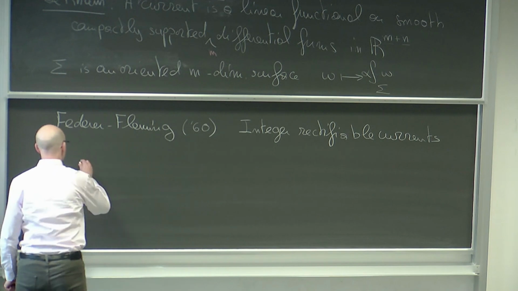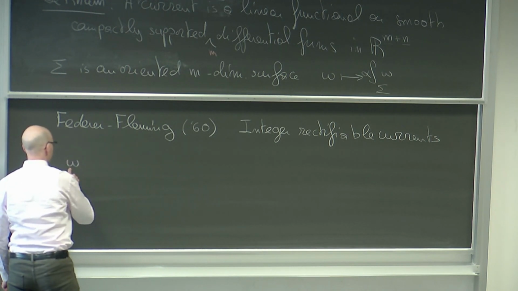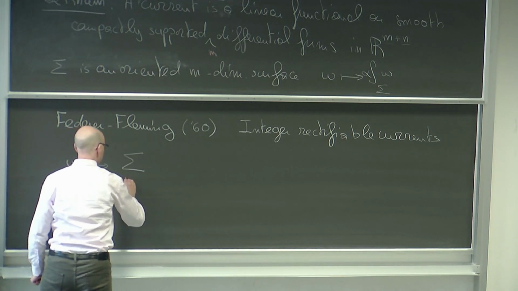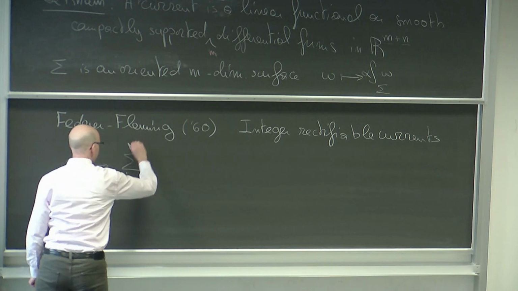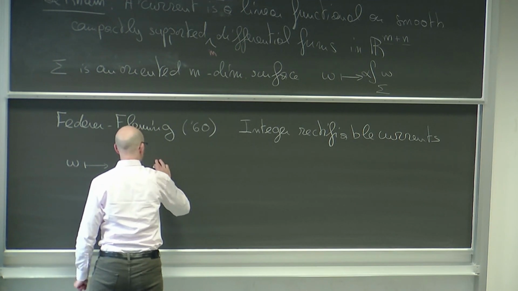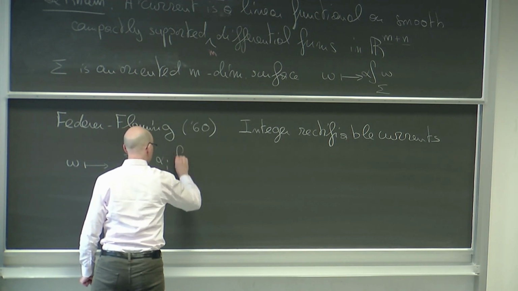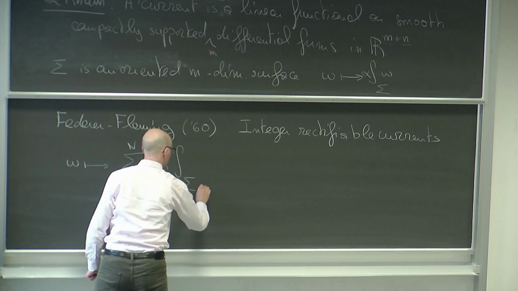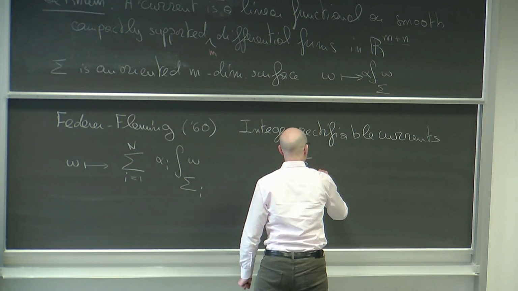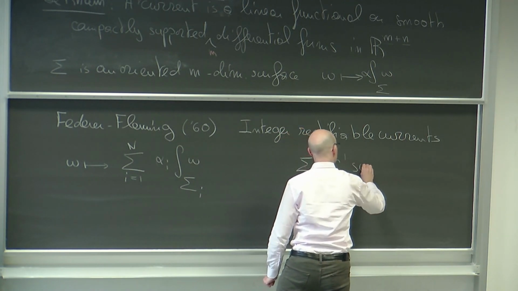The idea would be that instead of integrating omega against a fixed surface sigma, I allow to take coefficients alpha_i and then integration over sigma_i of your omega. Okay, and sigma_i now are C1 surfaces.